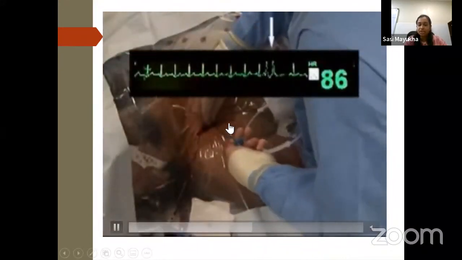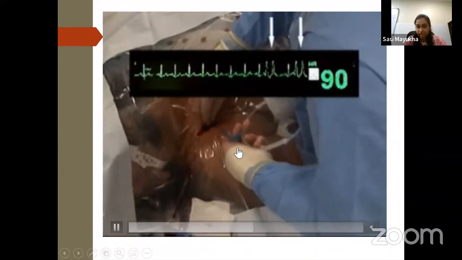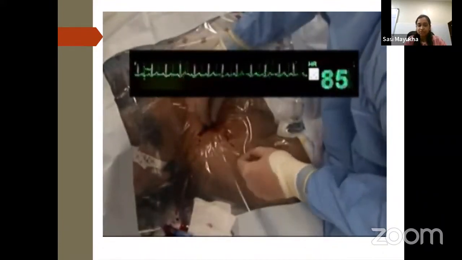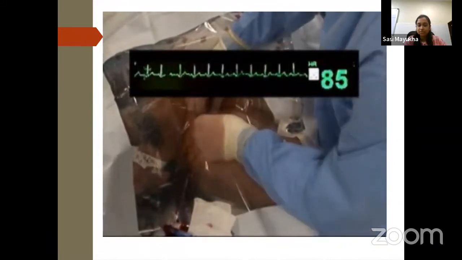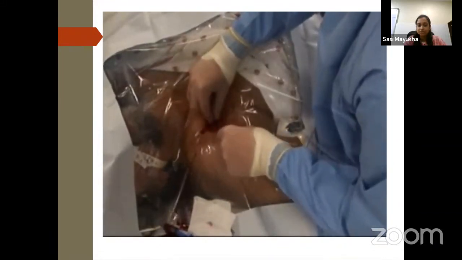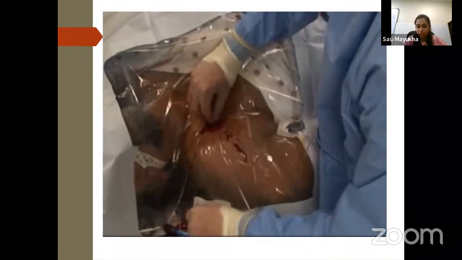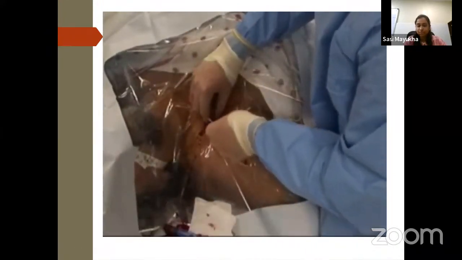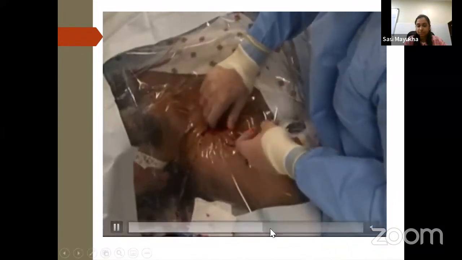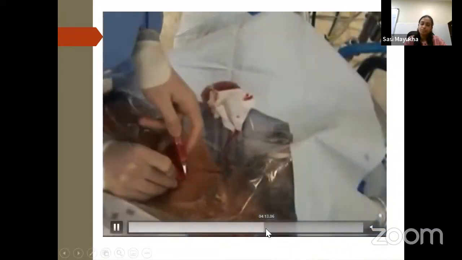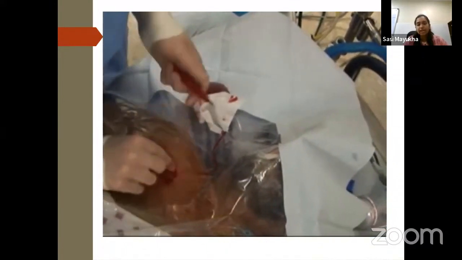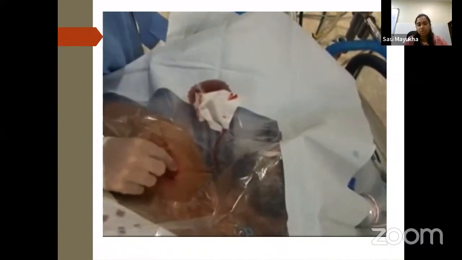After which a guide wire will be inserted into the line. The needle will be removed. Then an incision is placed with the scalpel, and then the dilator will be passed over the guide wire.